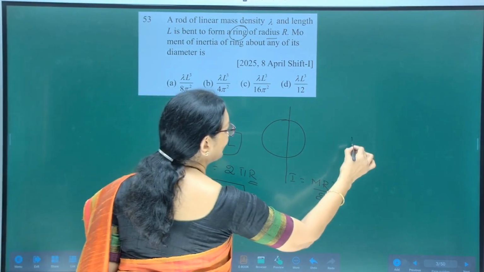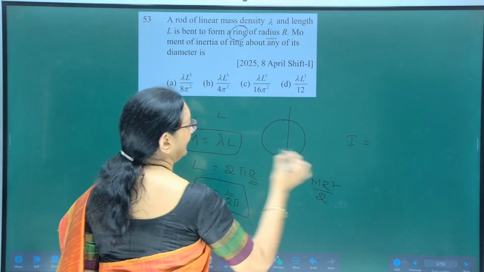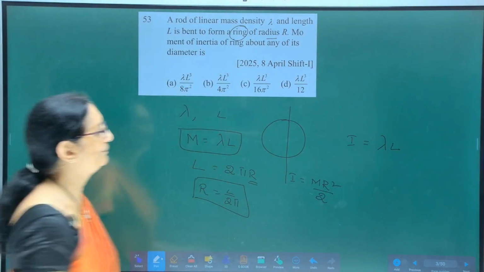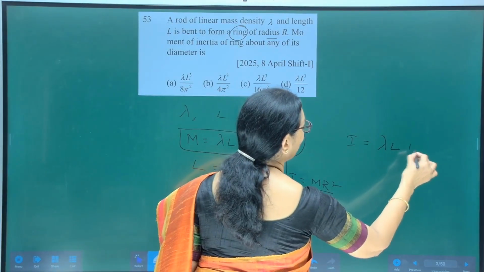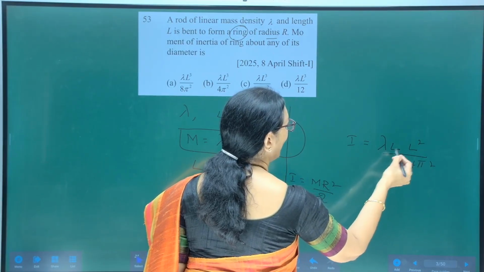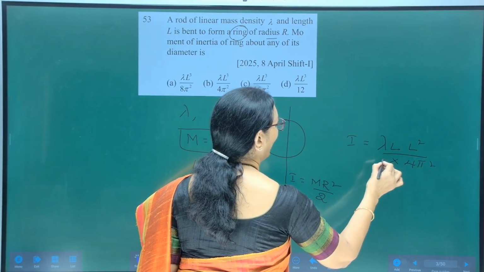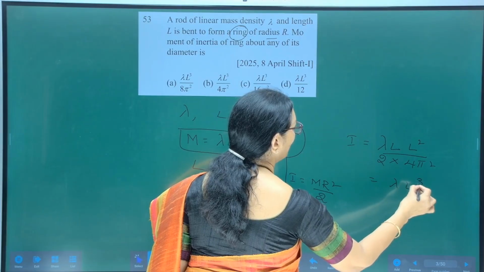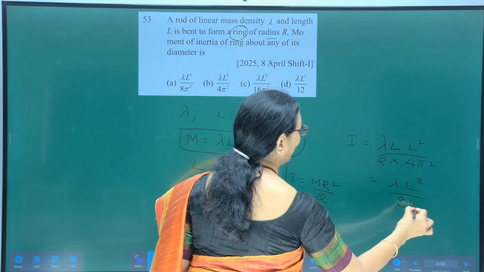So, I is equal to m is lambda into L, r is L by 2 pi, r square is L square by 4 pi square. So, mr square by 2 is lambda L cube by 8 pi square.